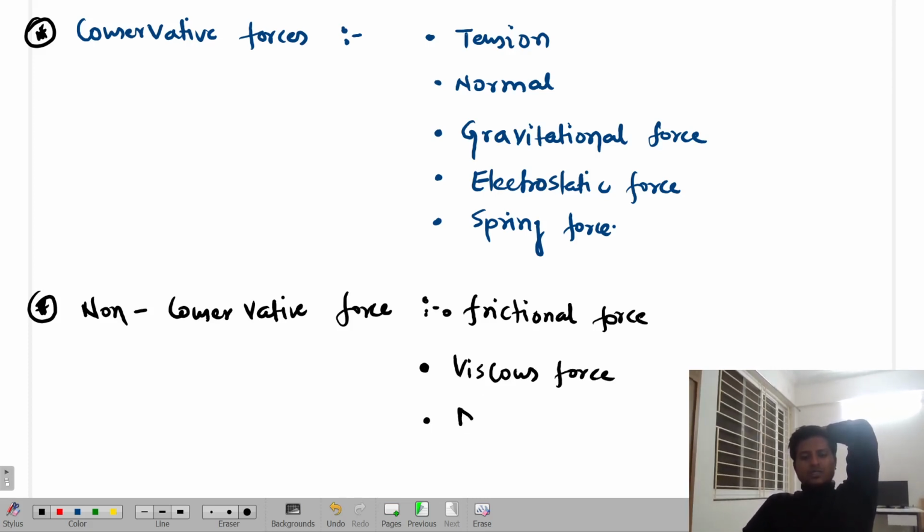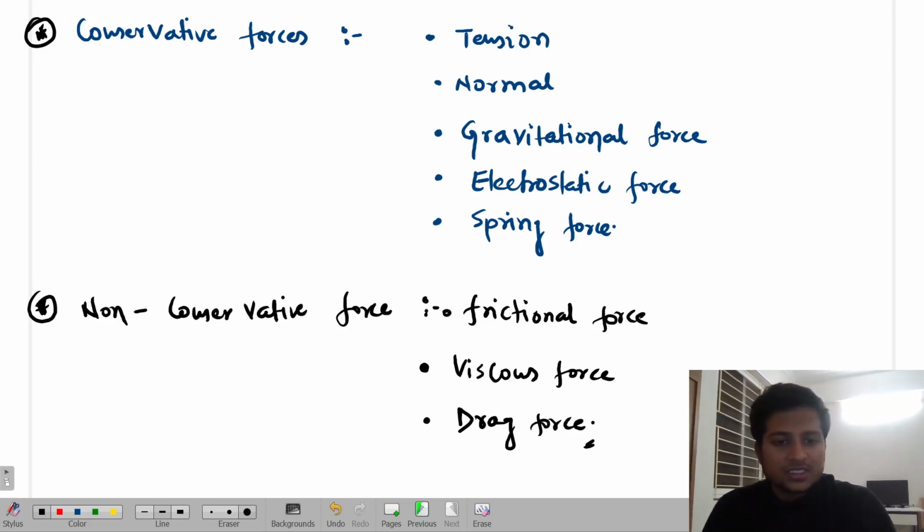Third one is called drag force. So these are basically examples of which kind of forces? Non-conservative forces. We'll talk about that in greater detail. Is that clear or not?